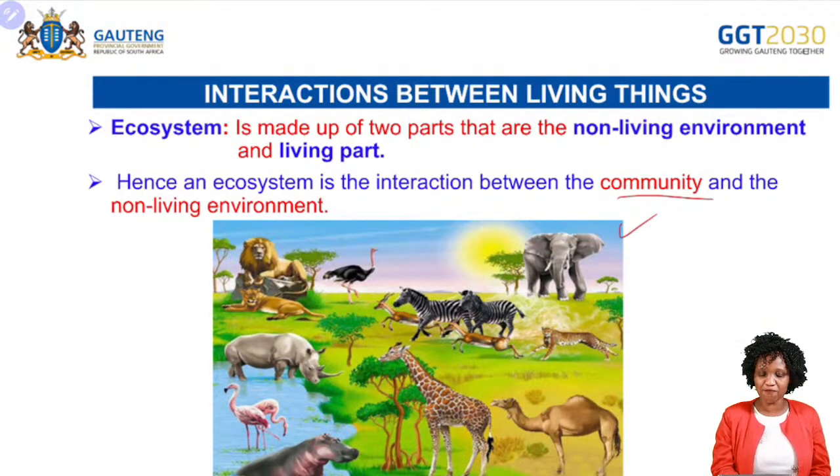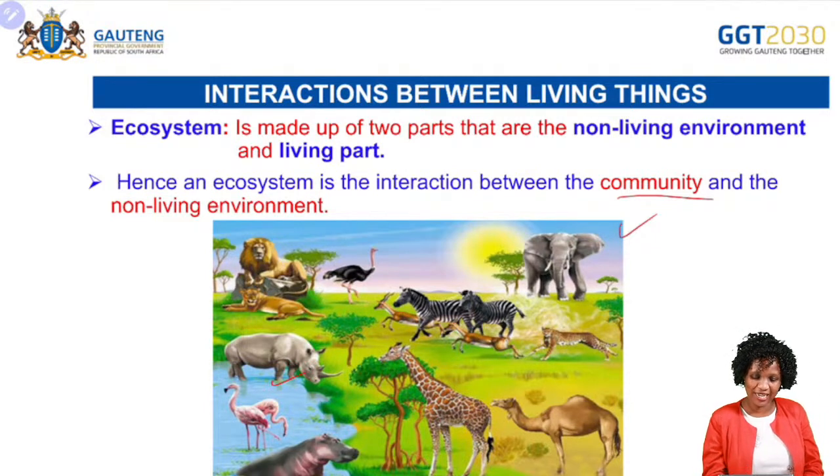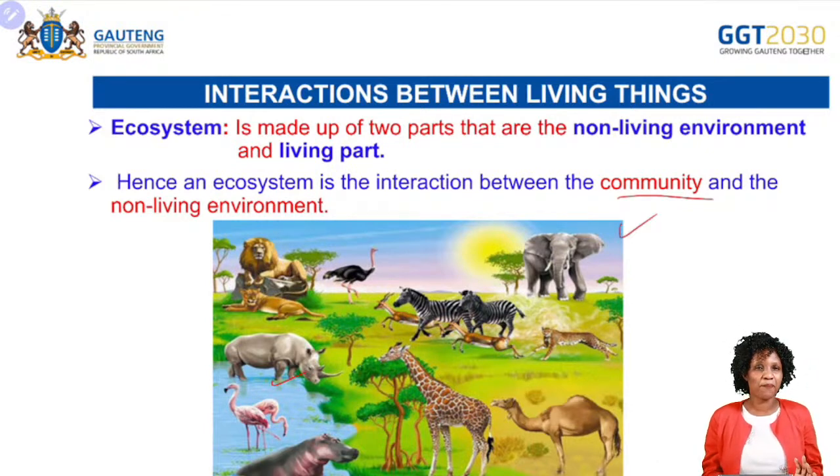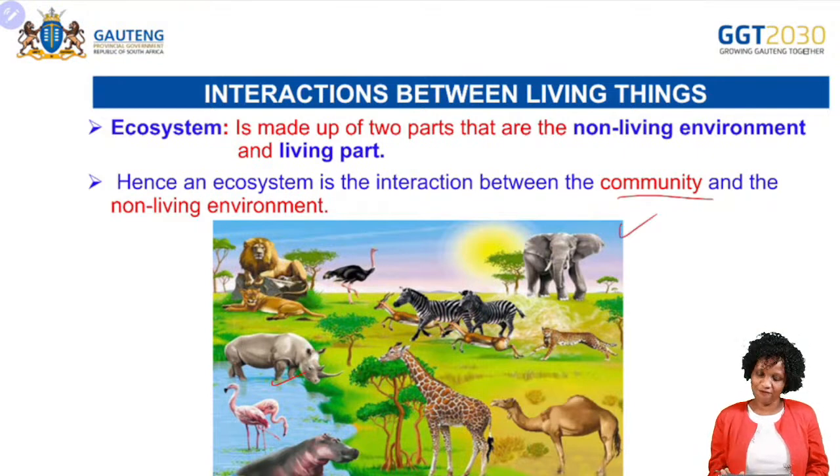You can see that they've been drawn by water. We've got water here, which is non-living parts, and then we've got the living organisms. We've got different types of animals. You can see elephants, you can see lions, you can see birds, you can see hippos, you can see camels, giraffes, hippos. All these are living.